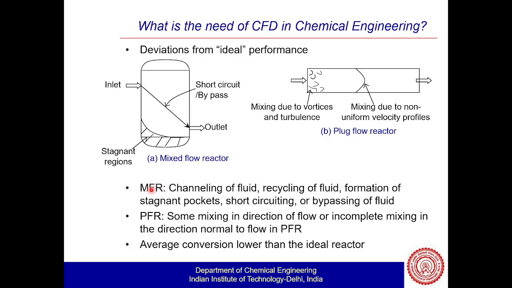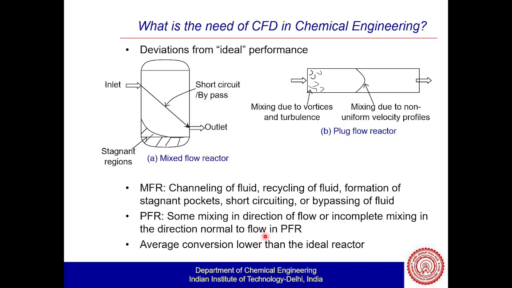So in case of an MFR reactor, the channeling of fluid, recycling of fluid, formation of stagnant pockets, short circuiting, or bypassing of fluid, these things are not going to get captured. We can do it in case of 1D by using some mathematical consideration, but that is not the accurate one. So in PFR also, some mixing in the direction of flow or incomplete mixing in the direction normal to the flow will not be captured.